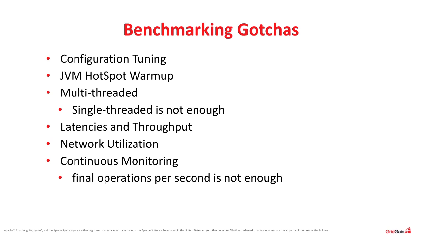That's not a good way to monitor a benchmark. The reason is you lose everything that happened in between. Your benchmark in between could actually have spikes. It could have drops to zero performance. It could behave sporadically. It could have a lot of jitter. And all of that is not seen when you just measure final numbers. So you should do what I call continuous monitoring. You should be continuously monitoring what your benchmark does.